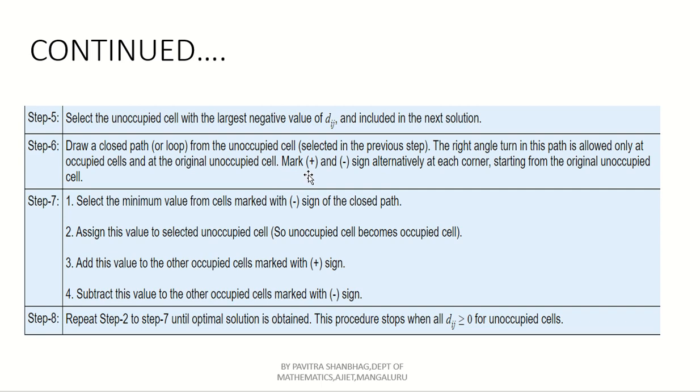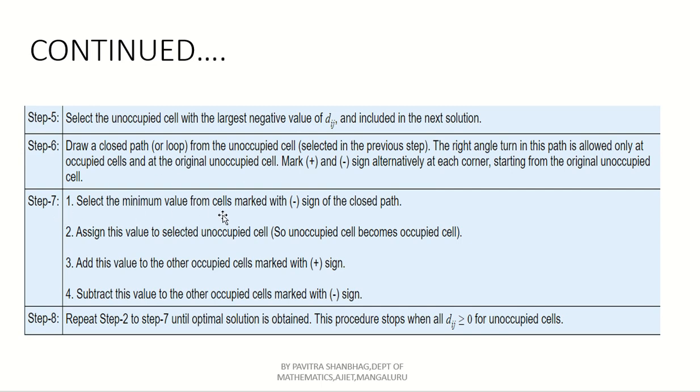Mark plus and minus signs alternately at each corner starting from the original unoccupied cell. This step is not that mandatory, but if it is less than 0, then only it will be a problem. Okay. Now what about step 7?